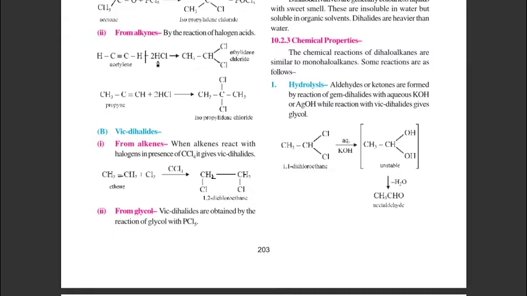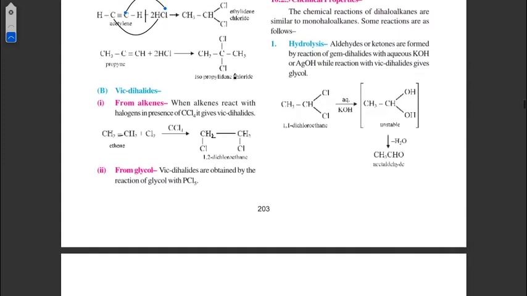Okay, so one H will go to this carbon, then Cl will go to this carbon. From the second molecule, again H will go to this carbon and Cl will go to this carbon atom, and hence this CH gets converted to CH3, the triple bond is converted to single bond, and we get ethylidene chloride. Okay.